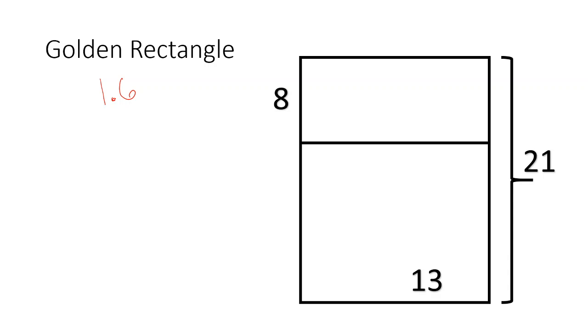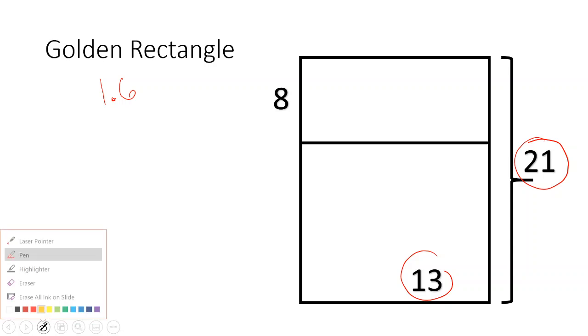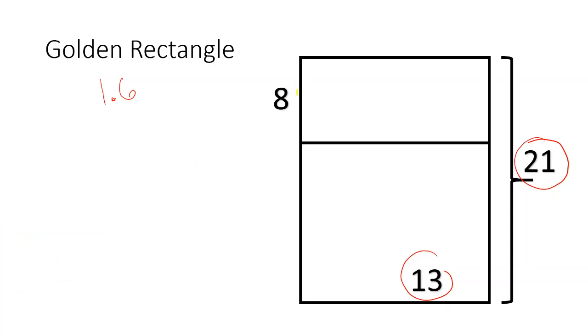So here we have a golden rectangle. This is the basics in understanding how a golden rectangle works. If we have a rectangle that is 21 by 13, the rectangle I'm talking about is this yellow rectangle, 21 by 13, which is a golden rectangle.